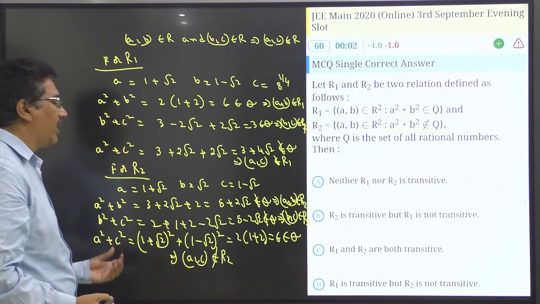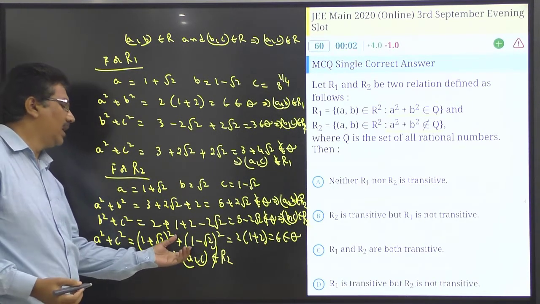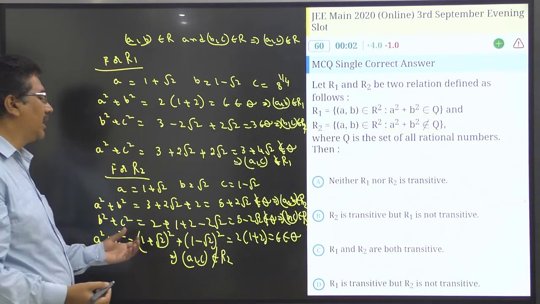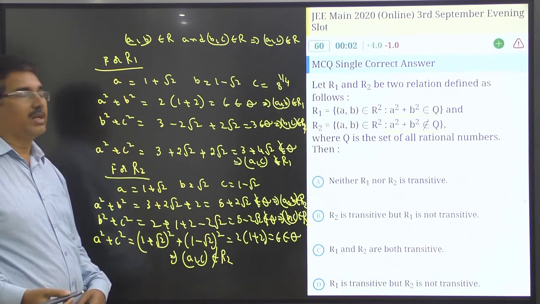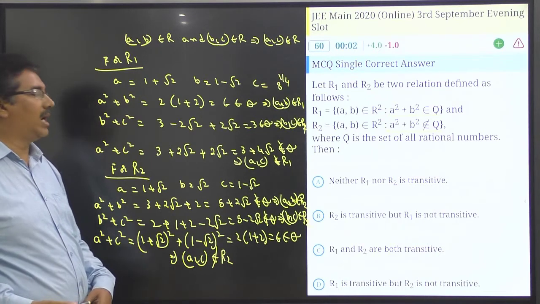If a square plus c square does not belong to Q, then (a, c) belongs to R2, but here a square plus c square belongs to Q, so (a, c) does not belong to R2.